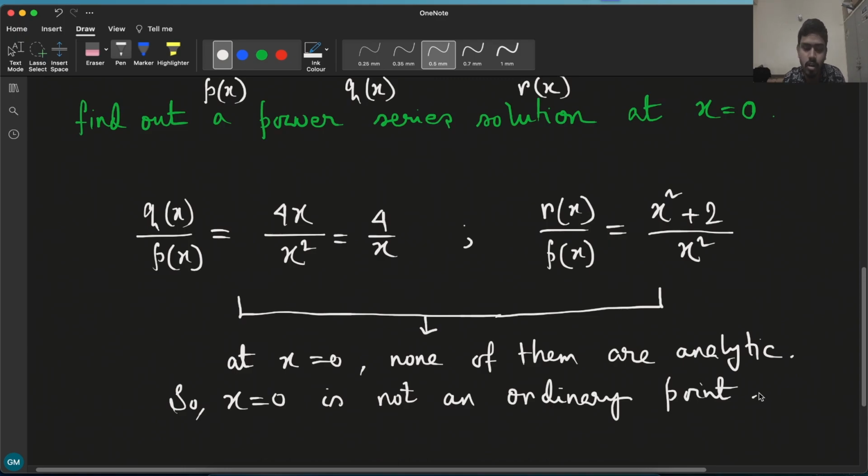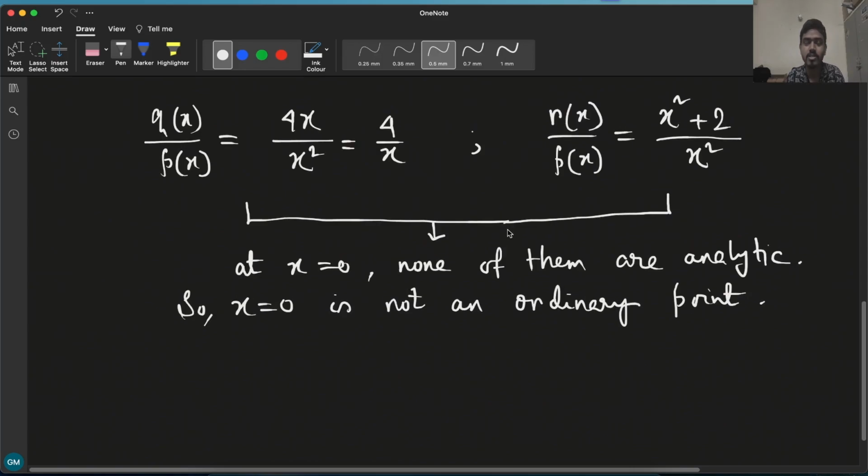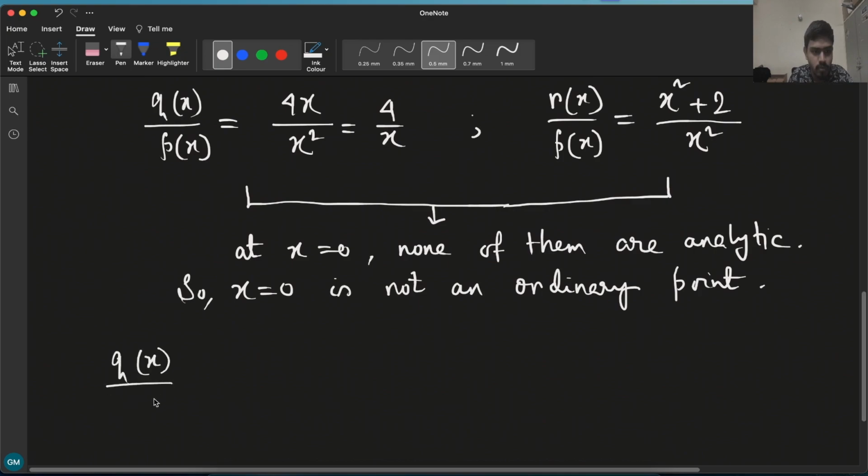So we can't go with the usual method of assuming the solution as y equals to sum over a_n times (x minus x naught) to the power n. Now let's check whether x equals to 0 is a regular singular point. How to check that? Take qx by px times (x minus x naught). Here x naught is 0, so x minus x naught is basically x, and we know that qx by px is 4 by x, times x, which is 4.